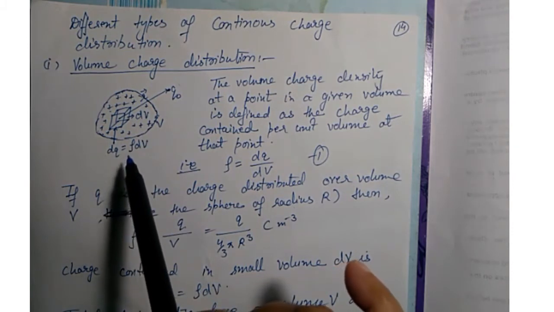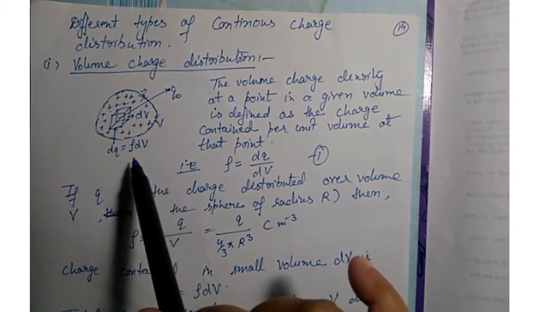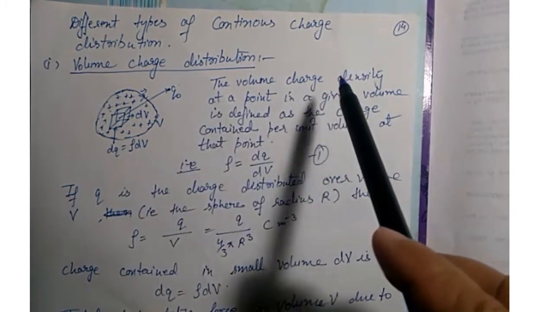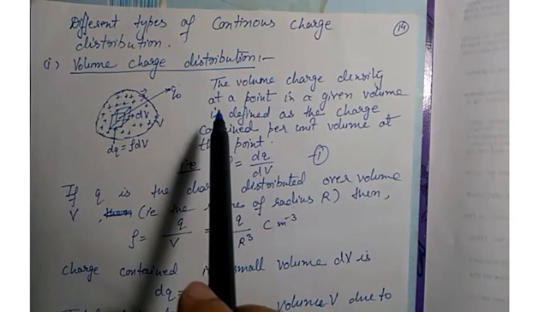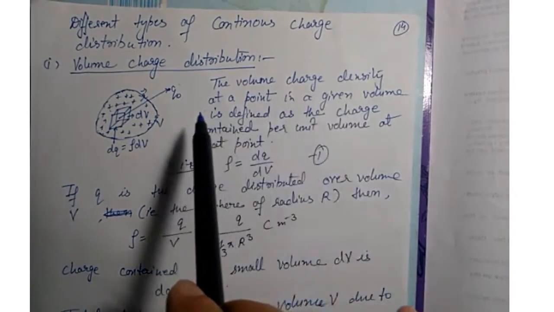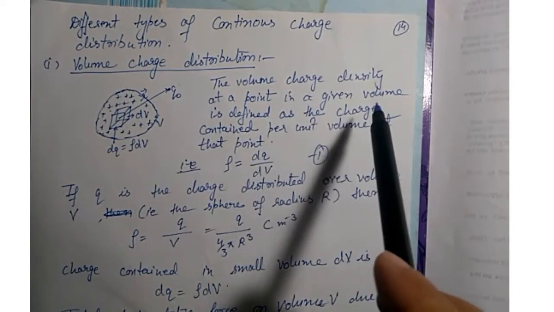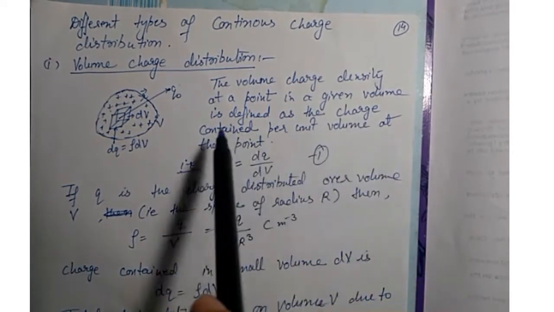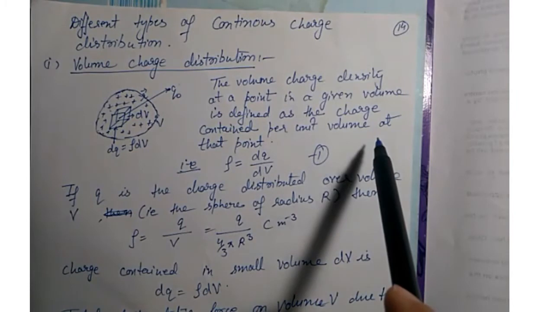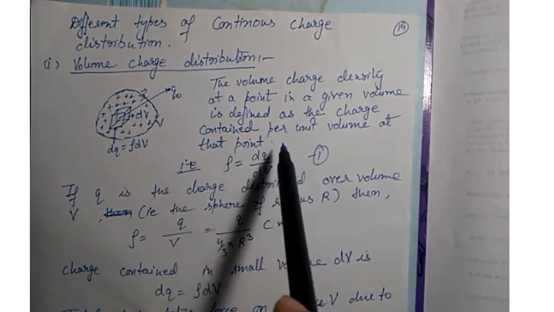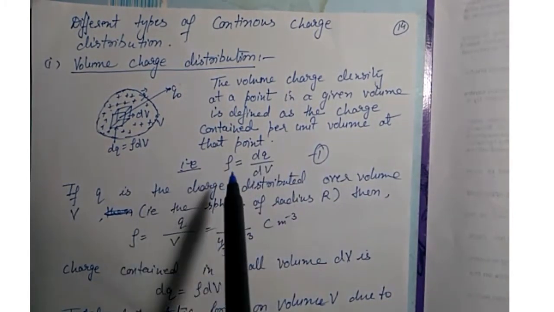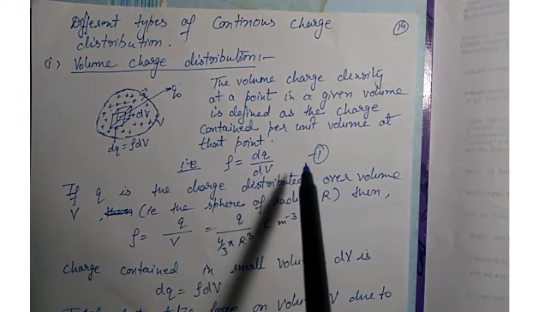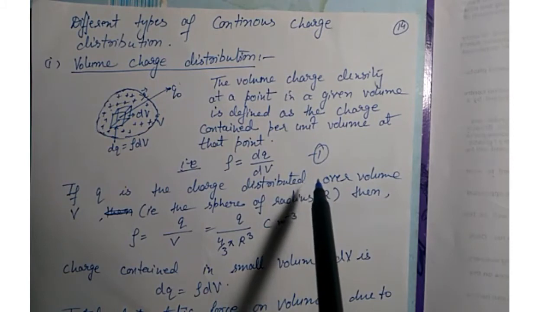dq is equal to rho dv, where rho is the volume charge density. The volume charge density at a point in a given volume is defined as the charge contained per unit volume at that point, that is, rho equals dq upon dv. Mark it as equation number 1.